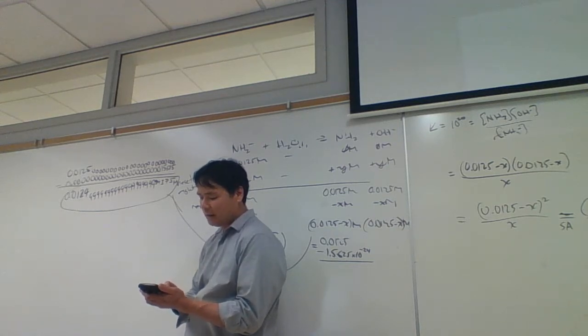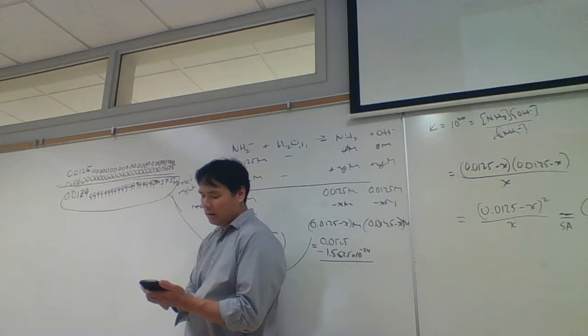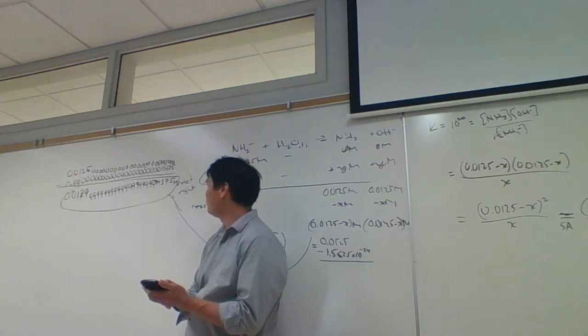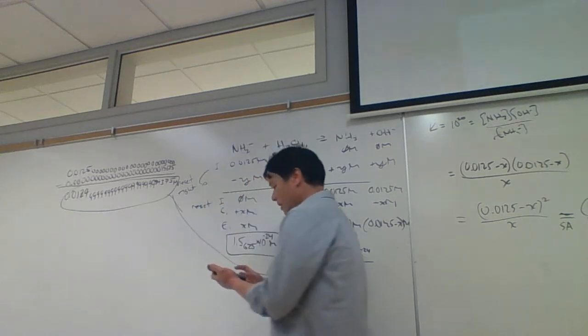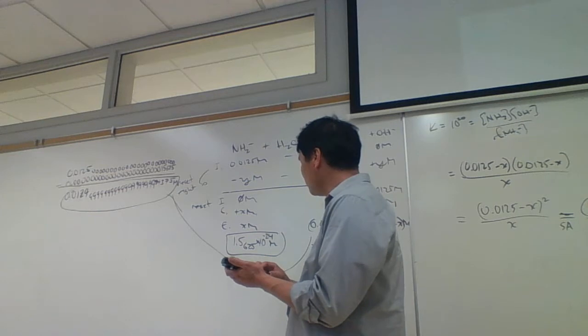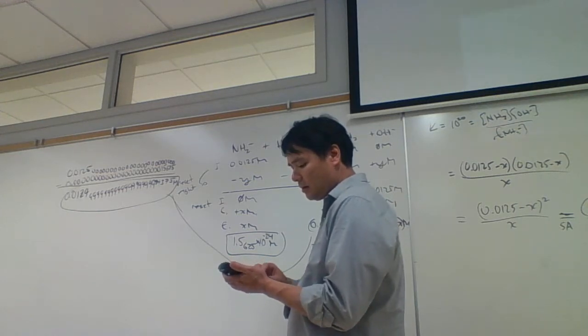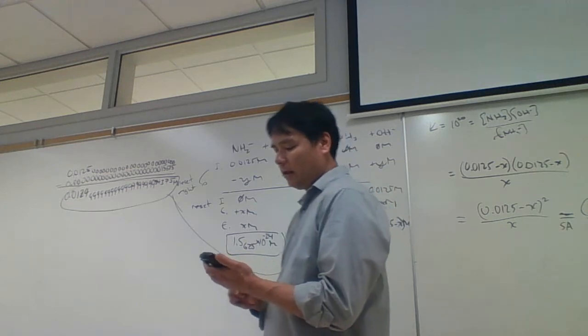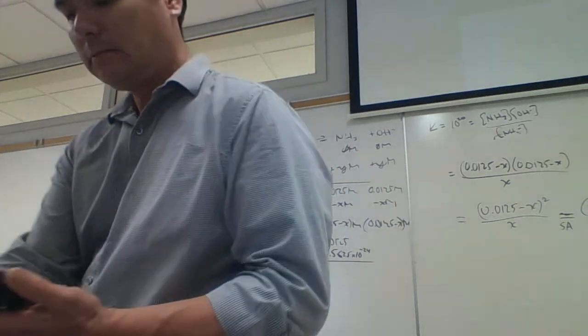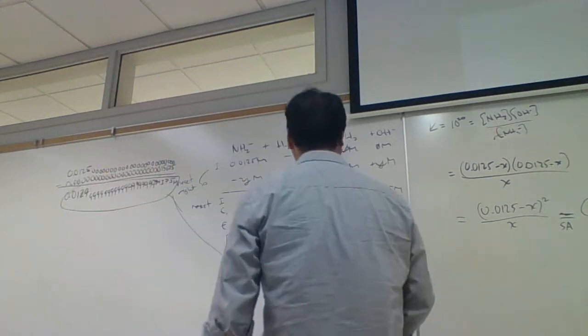So I'll square that, equals, and then I get 1.5624 9999998 times 10 to the minus 4, divided by 1.5625 times 10 to the minus 24. Did I do that right?